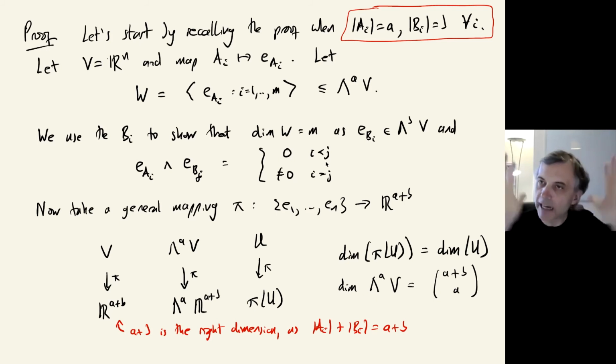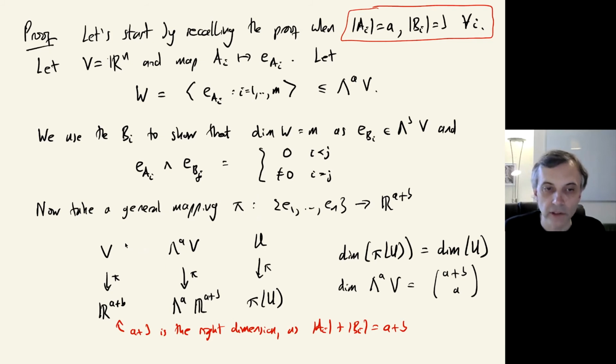Now let's map down. We shrink the underlying vector space to an (a+b)-dimensional space. Rather than R^n, we take a general mapping from our vectors e_1 up to e_n into R^(a+b). In fact, a random mapping will do. So what happens to the various things we've got?